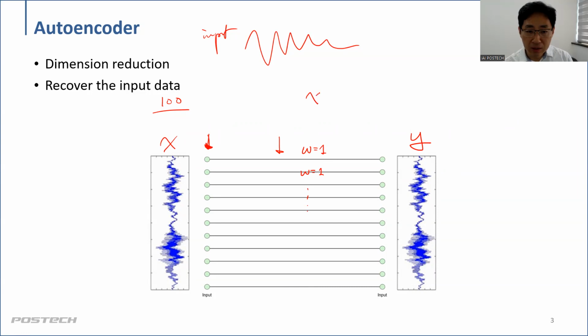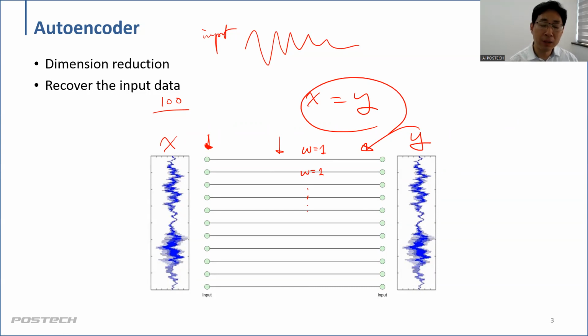So basically, X is equal to Y. This is a trivial network, it doesn't mean anything, but with this kind of artificial neural net, we can copy the input to the outputs. Then we can reconstruct, and this one is the same as X. But as you can see, this is a trivial network.